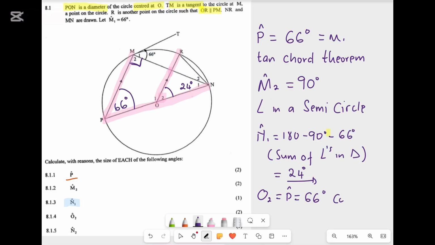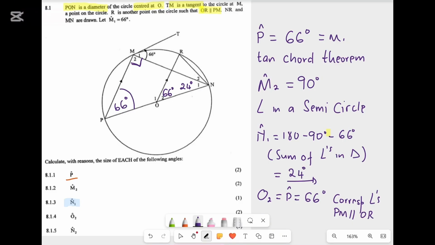Why? We have corresponding angles. Why are they corresponding? Because PM is parallel to OR. Okay, and then let's put it there that this angle is 66 degrees.